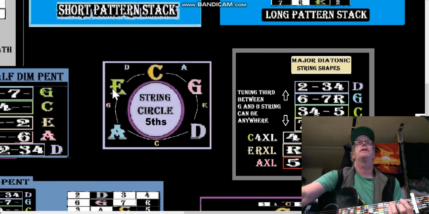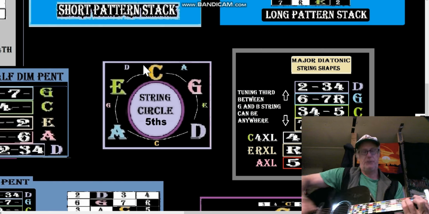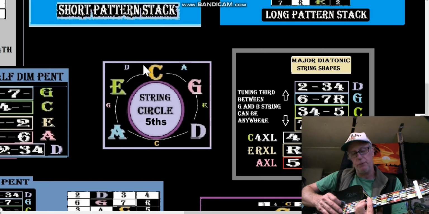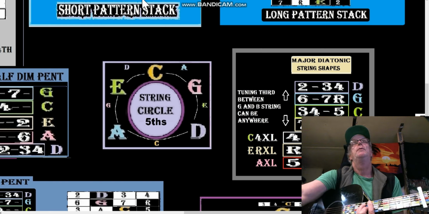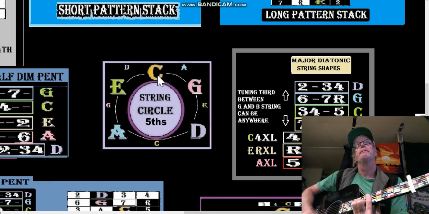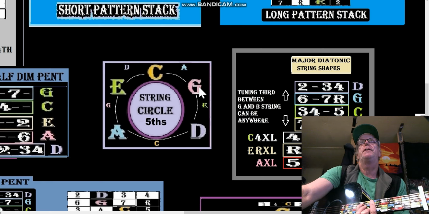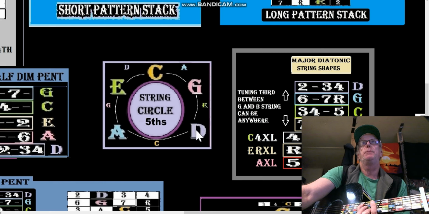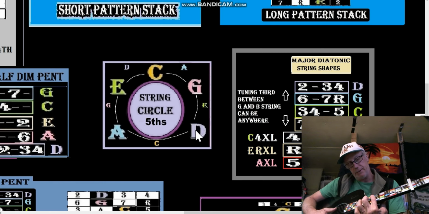Similarly, the fifth of the E shape, let's say we're up here doing an E shaped root, we go the fifth of the E shape going clockwise in fifths. So by name, it's the C shaped G. Okay, so the fifth of that, and then the fifth of the G would be the D shape there.